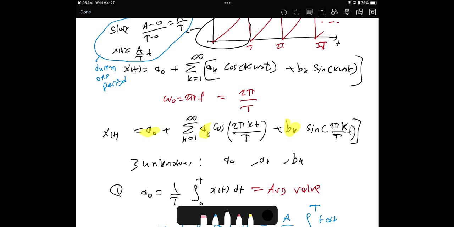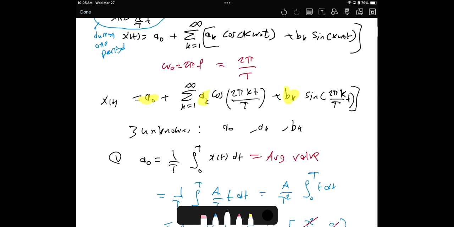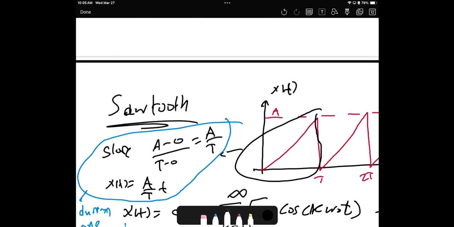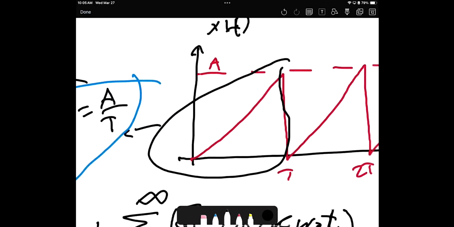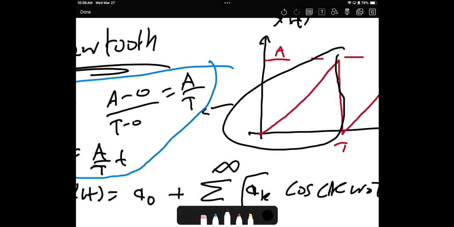We already know the formulas for each one by doing some integration. A naught is the average value, which is 1 over T times the integral from 0 to T of x of t. So what's x of t? Look at the overall period: it is a linear function, something like a ramp.